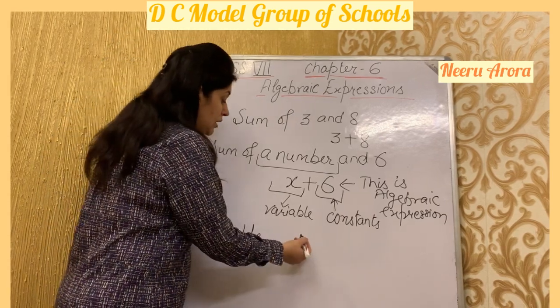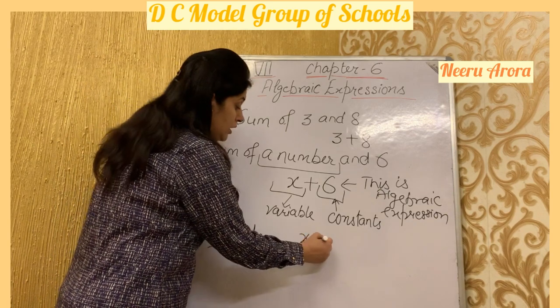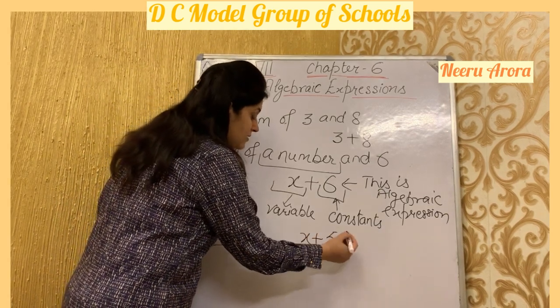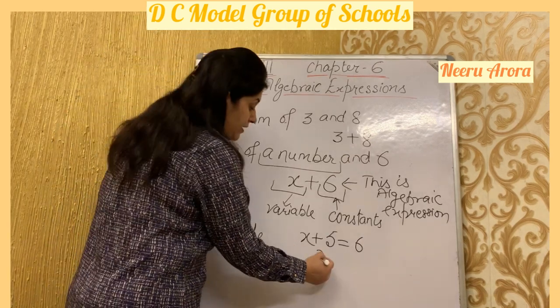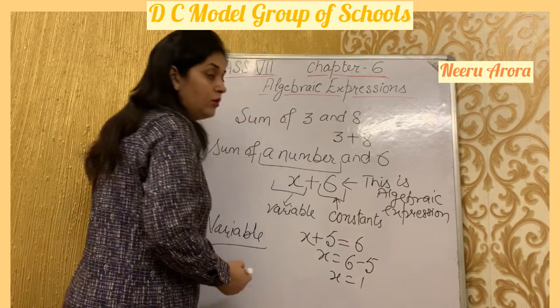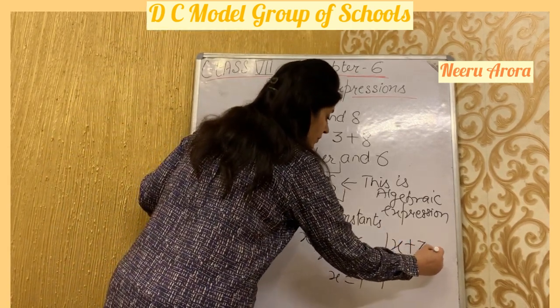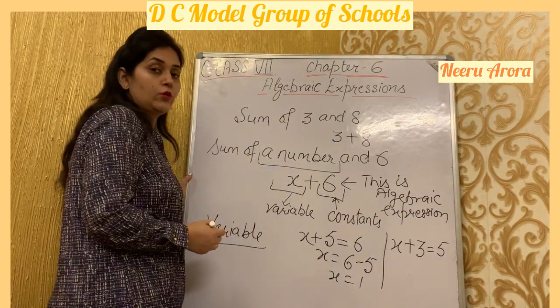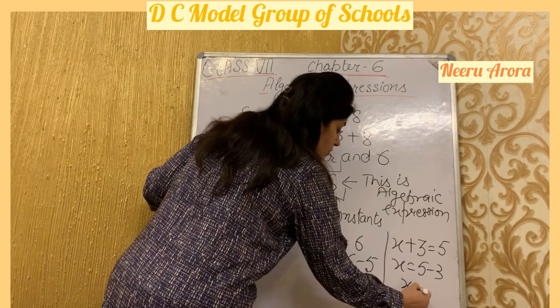So let us suppose one equation. You have done linear equation in your previous class also. So let's suppose x plus 5 is equal to 6. Now what is the value of x? 6 minus 5. Here x is 1. So let us suppose one more example. x plus 3 is equal to 5. So here x is equal to 2.